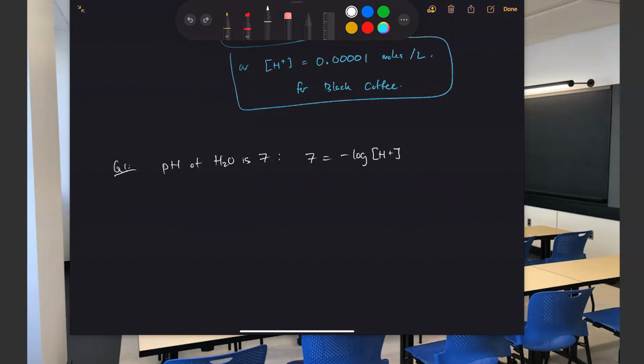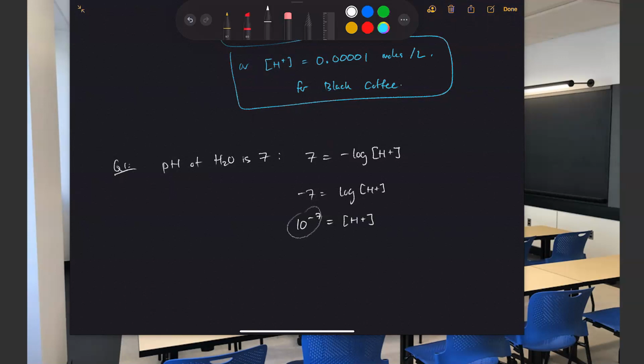So we can go ahead and solve for the hydrogen ion concentration of water. Again, we'll get negative 7 must equal log of H plus, and then we'll take 10 to the power of both sides and see that the hydrogen ion concentration of water must be 10 to the negative 7th.